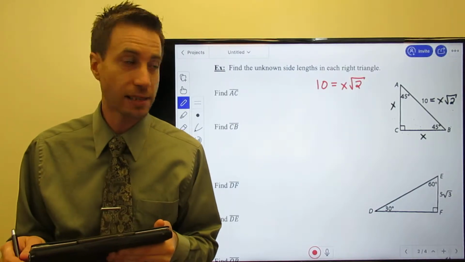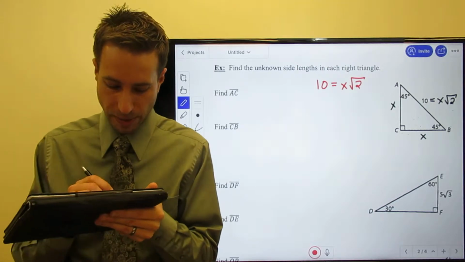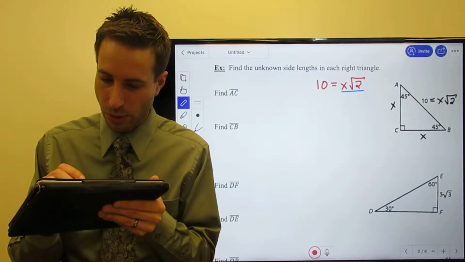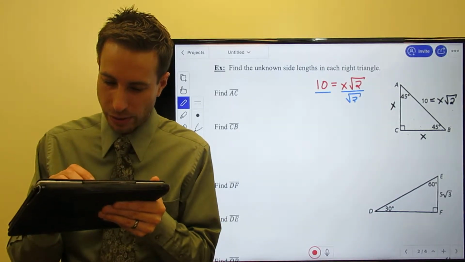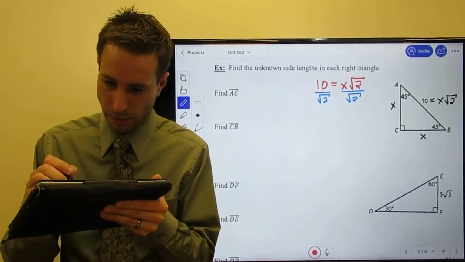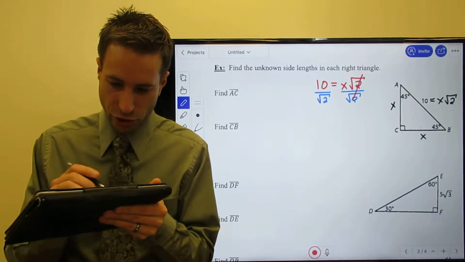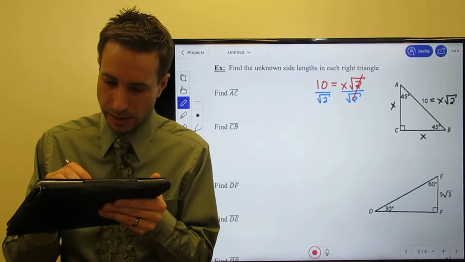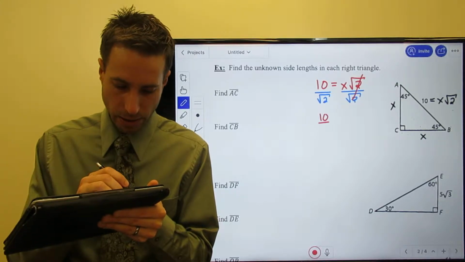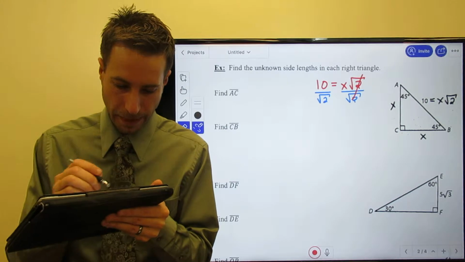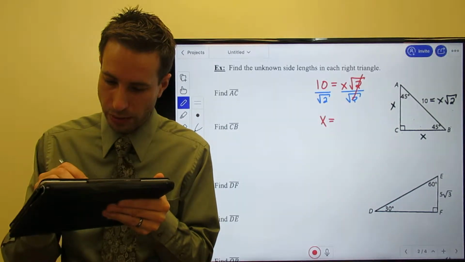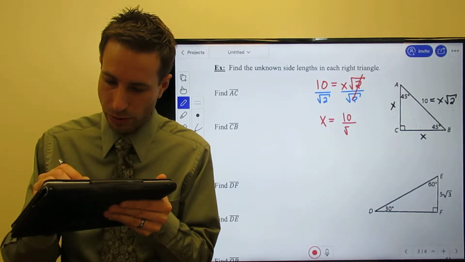How do you get the x by itself? Yeah, divide both sides by the square root of 2. So I'll divide by the square root of 2, divide by the square root of 2. Let me write it this way: x equals 10 divided by the square root of 2.